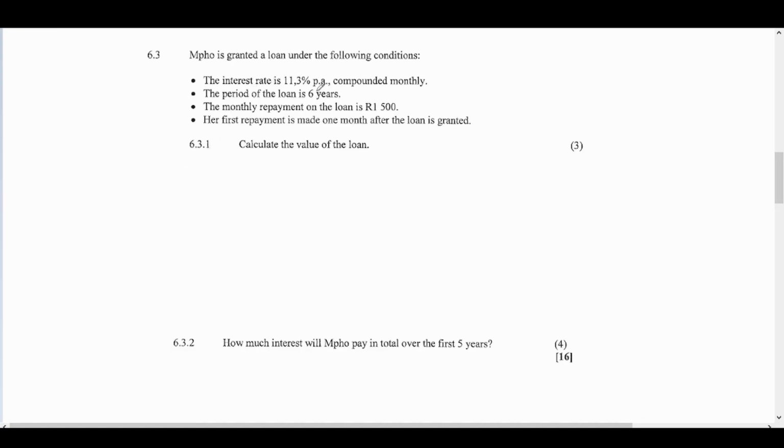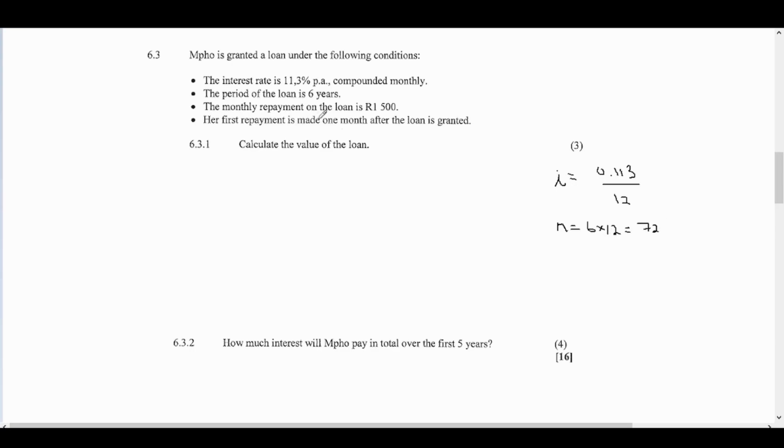Okay, and then last question, 6.3. Munpo is granted a loan under the following conditions. We have an interest rate of 11.3% per annum compounded monthly, so we can start already. I equals 0.113 over 12, and then the loan period is 6 years, so n equals 6 years times 12, so this is compounded monthly, is 72.